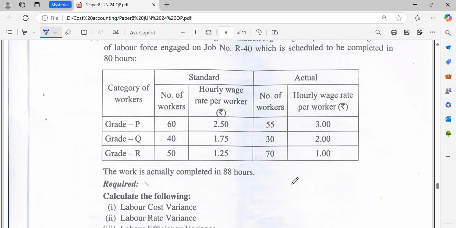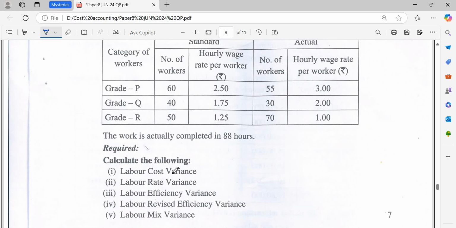The work is actually completed in 88 hours. So we have a standard of 80 hours, but we have completed in 88 hours. So we need to calculate labor cost variance, rate variance, efficiency variance, revised efficiency variance, and mixed variance. Revised efficiency variance is nothing but yield variance.